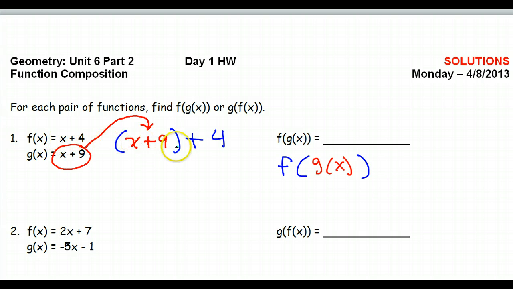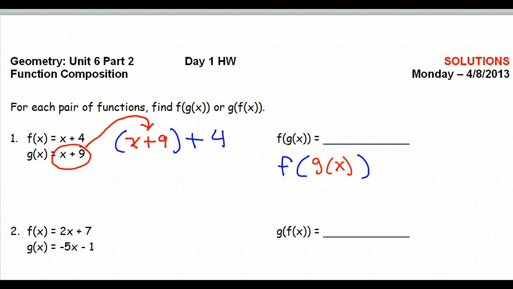So they'll wind up distributing that or something and have x squared plus 9x or something. We're not writing function g next to function f. We are substituting it in. So do not write down the x, the original x from function f. Put a parentheses instead so we have something to substitute into.